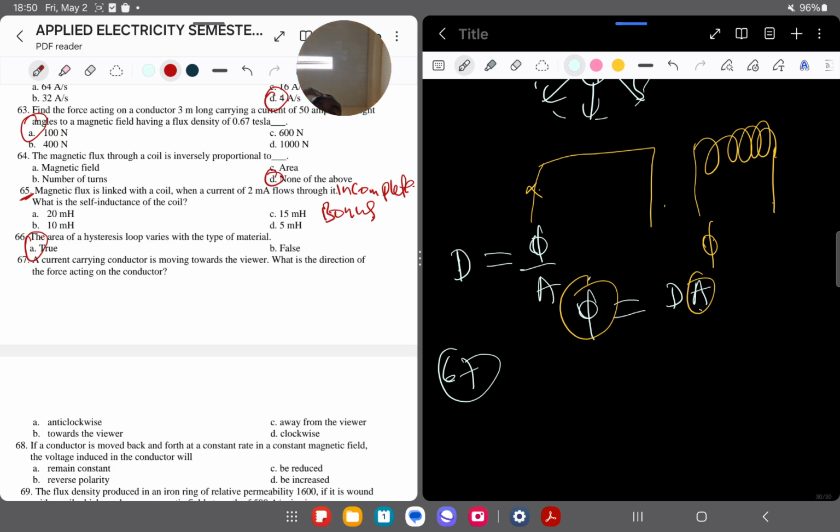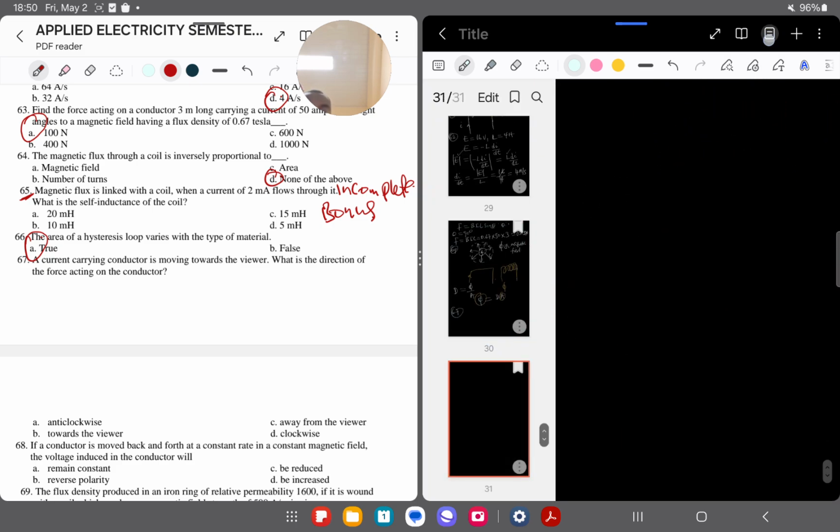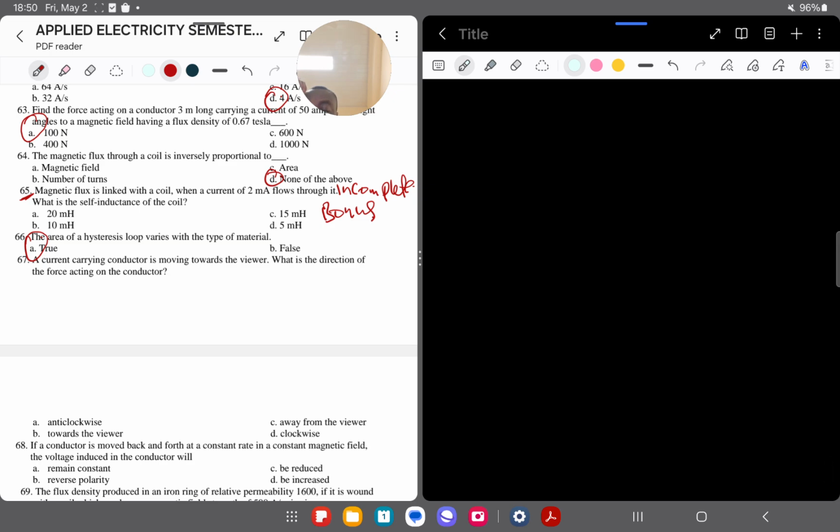With this question, I think it should be the direction of the magnetic field, right?